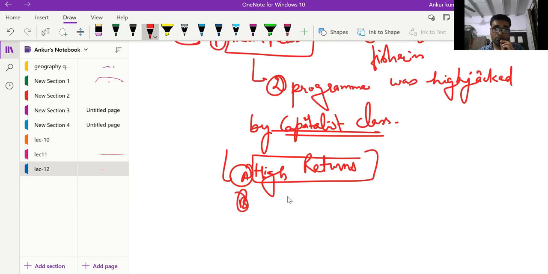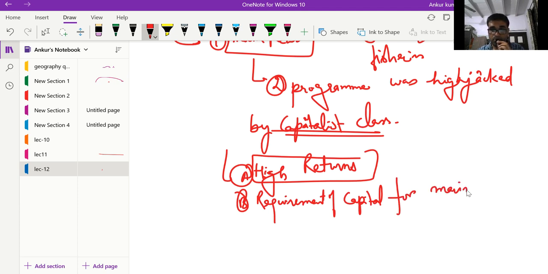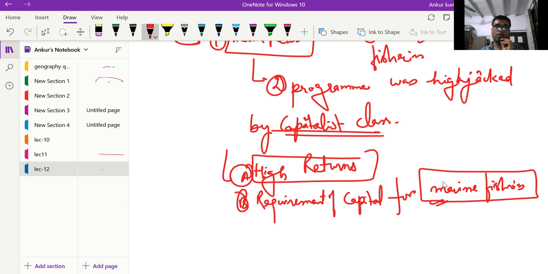Number two was the requirement of capital for marine fisheries. Large capital was required for undertaking marine fishery, whether for mechanized boats, nets, and other advanced practices. So this program was hijacked by the capitalist class, so inclusion was again absent here.